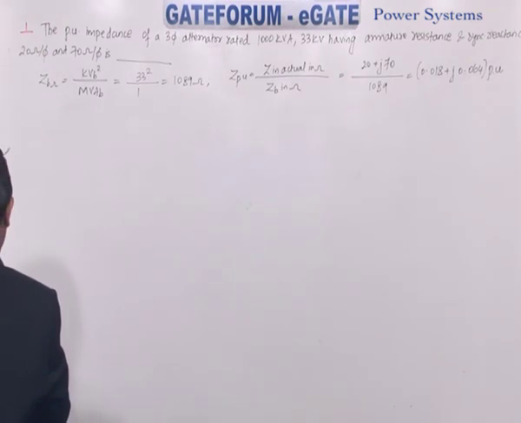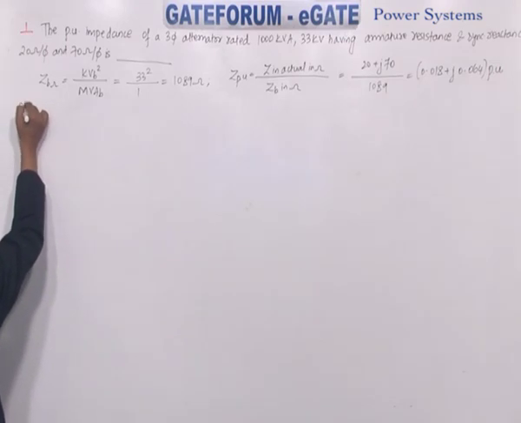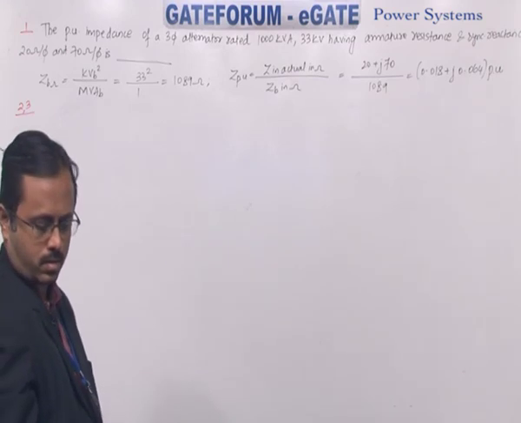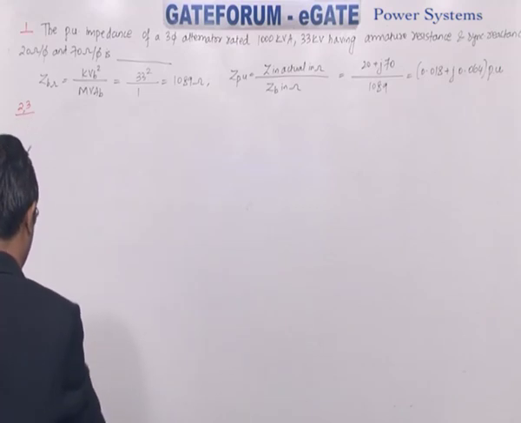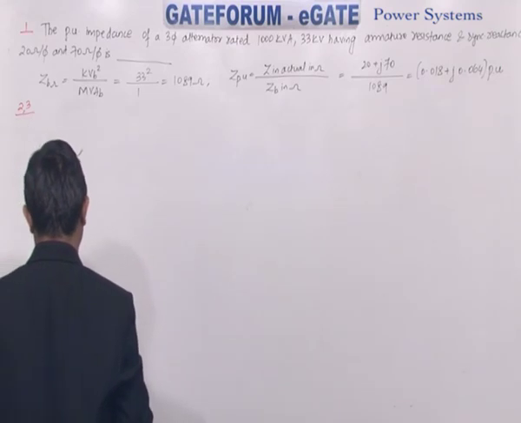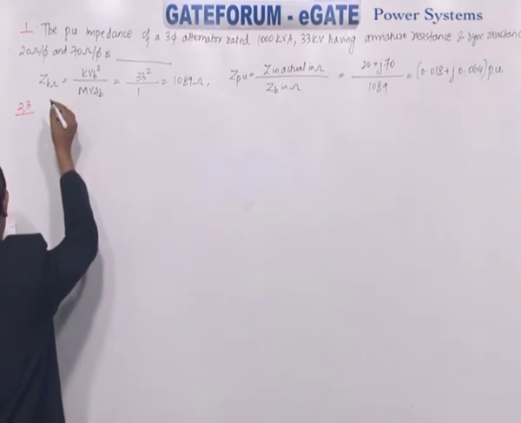So this is the per unit impedance. Now next is a common data question.